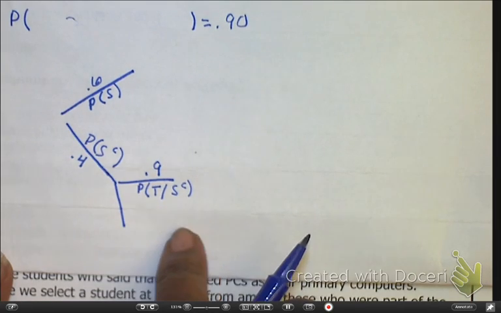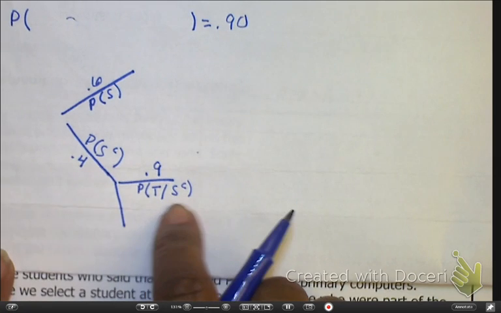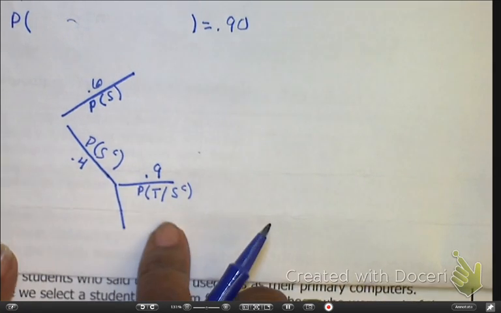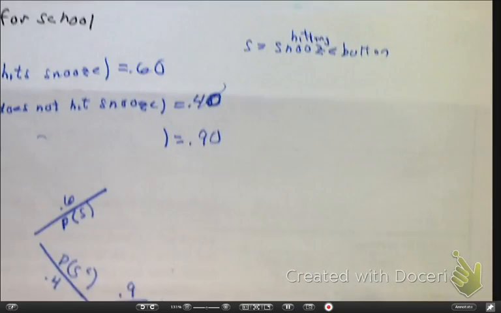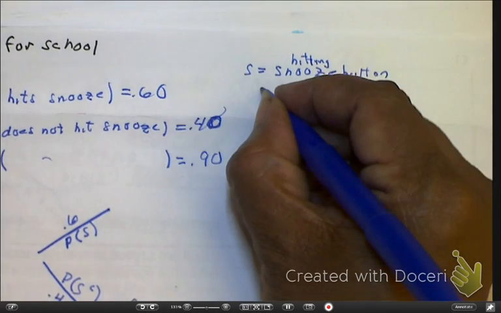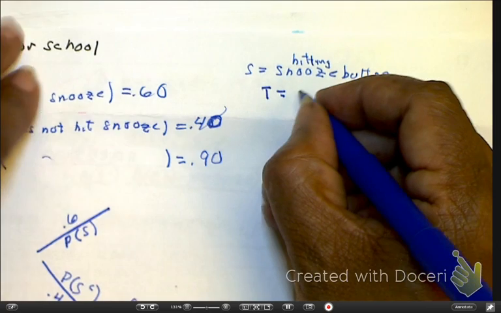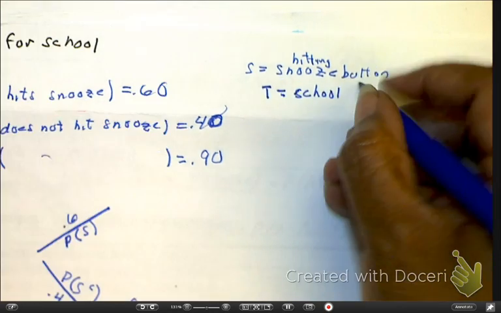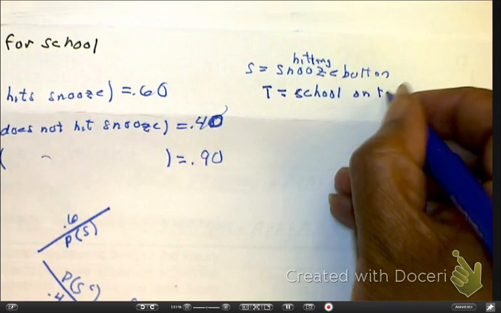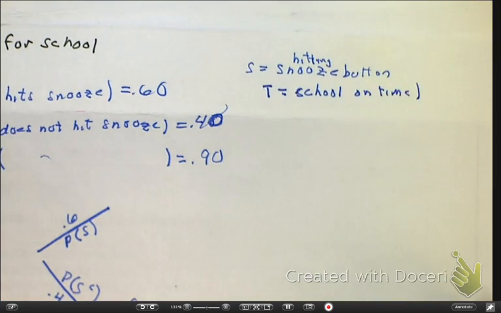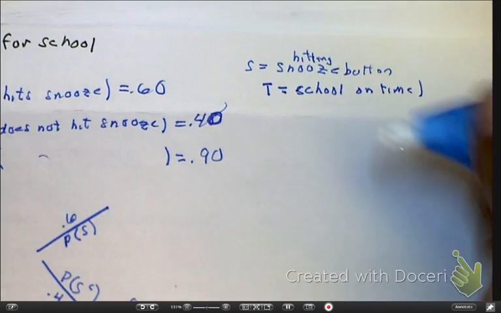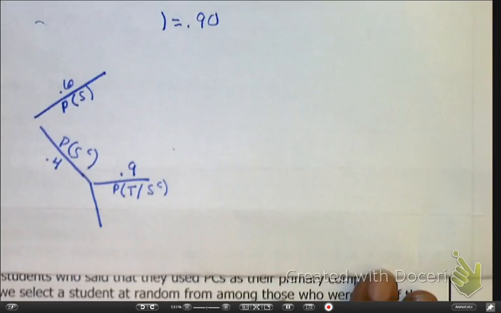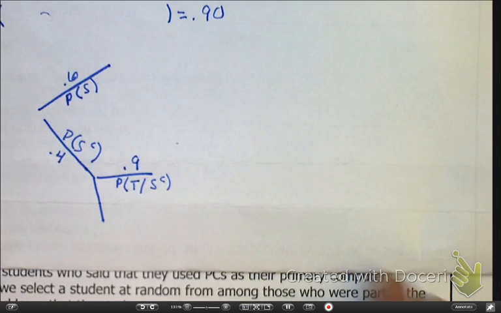The probability of on time given that she did not hit the snooze. Now, just like we did before, let's say T equals school on time. Now, that is your 90%.